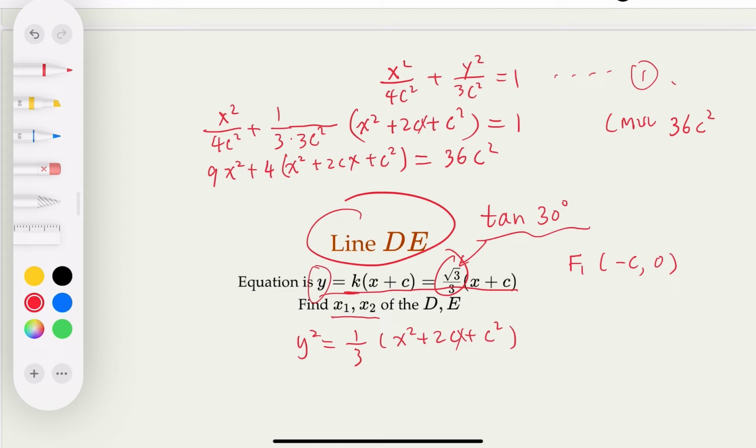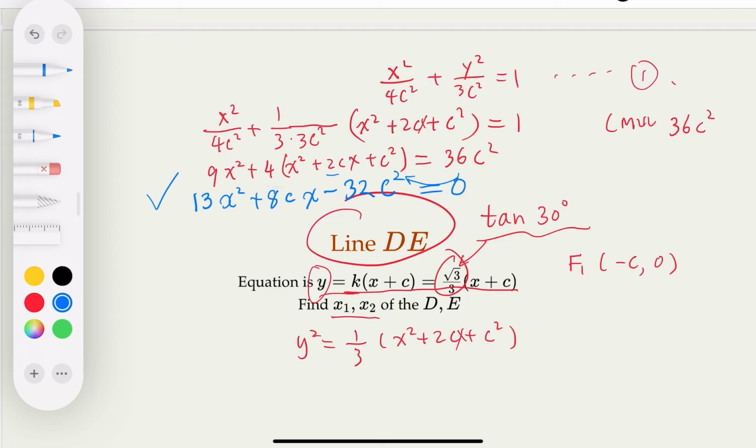All right, let's further simplify this by combining the x squared terms. That would be 13x squared, and this would be 8cx, plus 4c squared, and then minus 36c squared because you want to move it to the left-hand side. So this is minus 32c squared equal to 0. All right, great. So we got it.